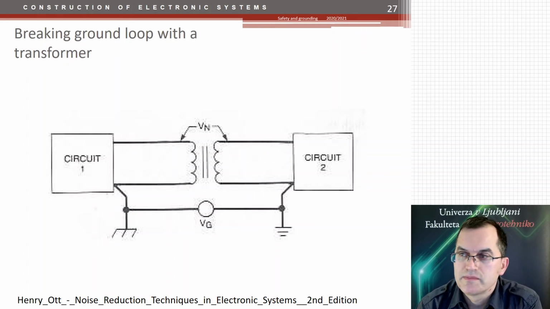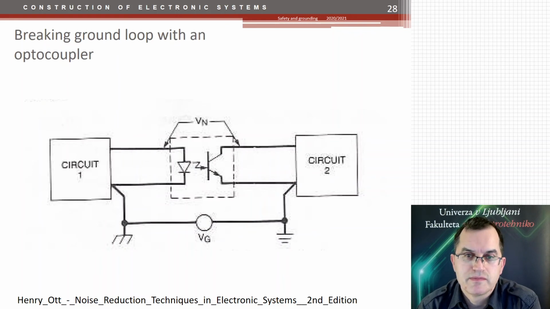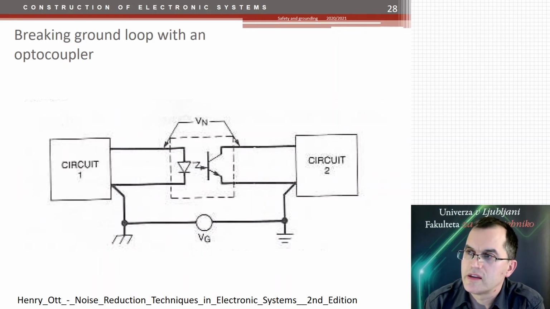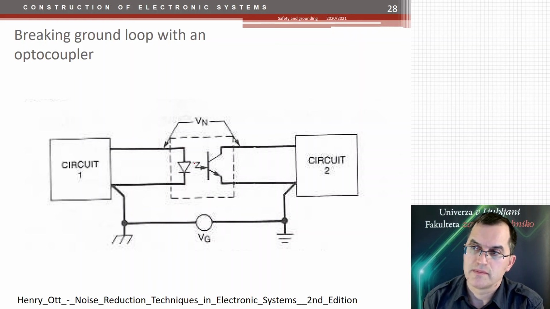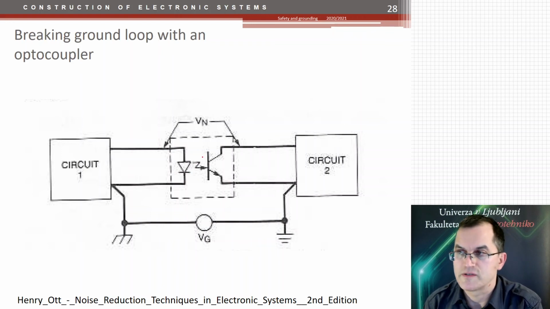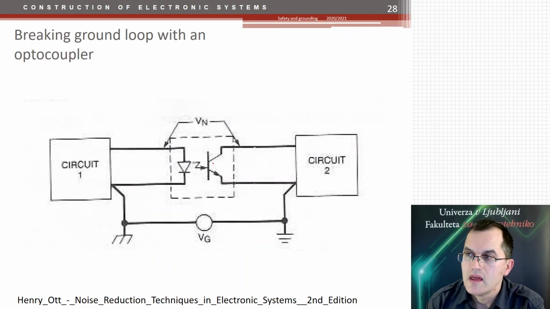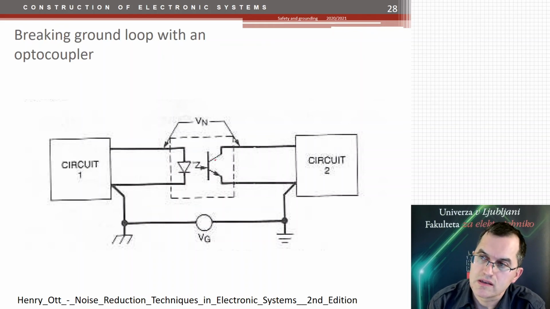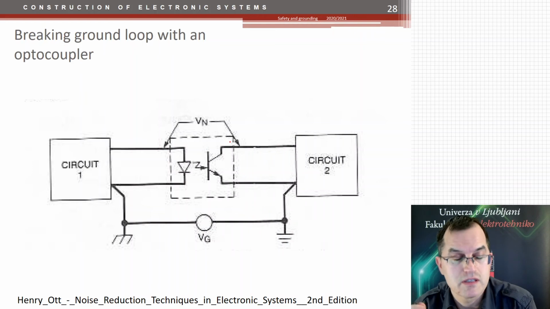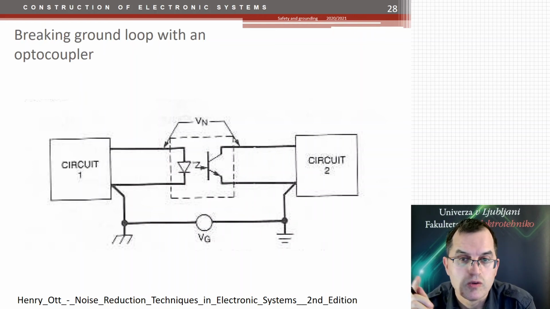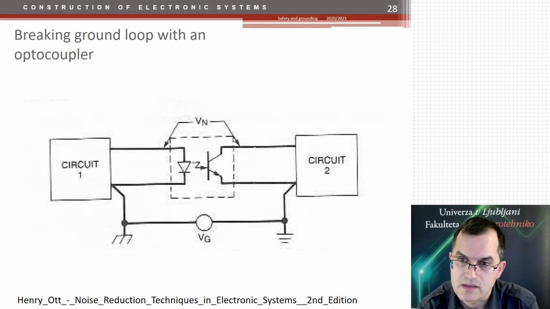What else? You can use optocouplers. Optocouplers are also galvanically isolating devices, but they are using light as a transfer medium, I would say. You also have to be quite cautious with using these optocouplers. Usually they are used to transfer digital signals, but they can also be used to transfer analog signals.